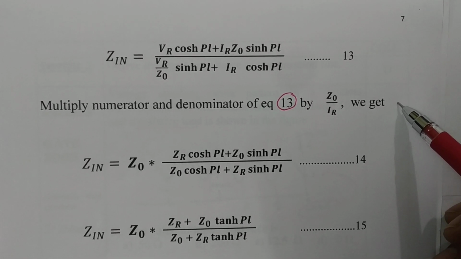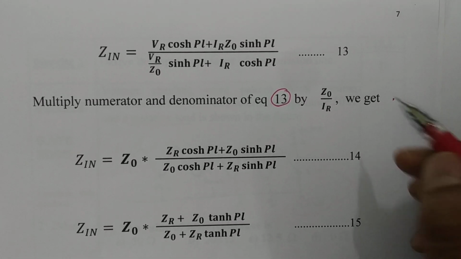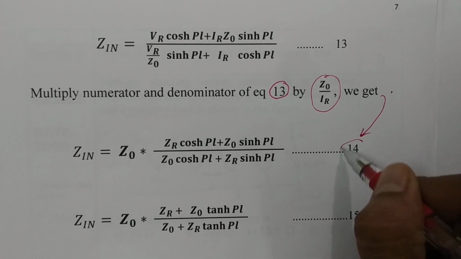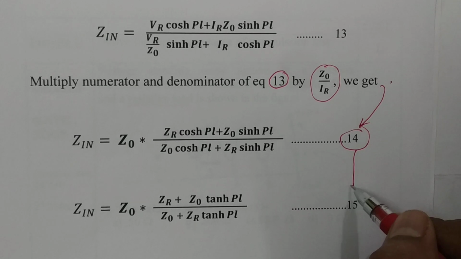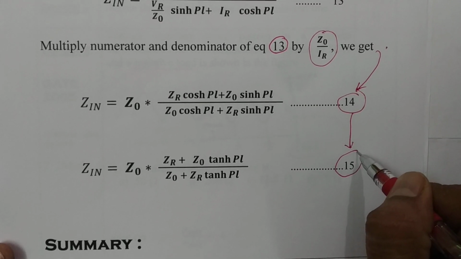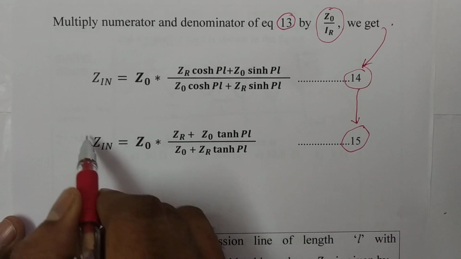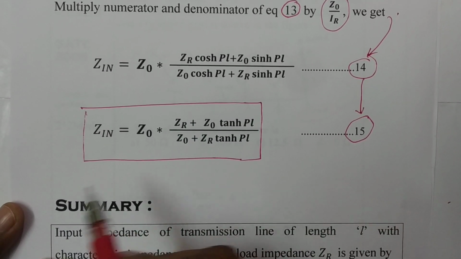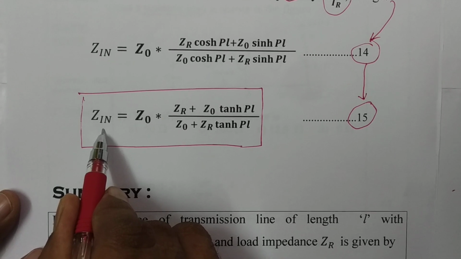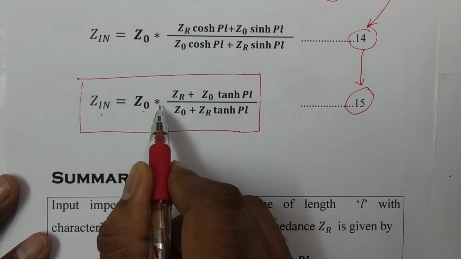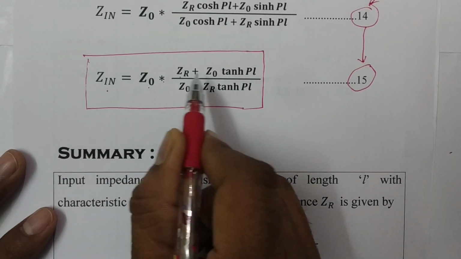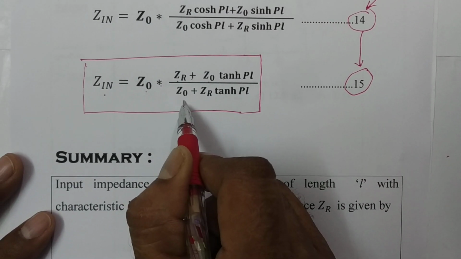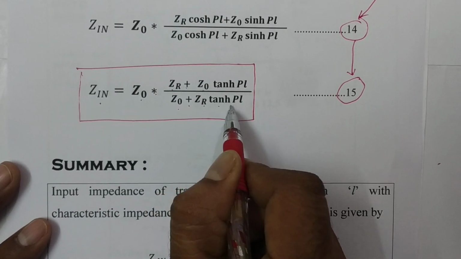Multiply numerator and denominator of equation 13 by Z0 by IR, we get equation 14, and after rearranging we get equation 15. It is the final equation of input impedance of transmission line, that is Zin is equal to Z0 multiplied by (ZR plus Z0 tanh γL) divided by (Z0 plus ZR tanh γL).